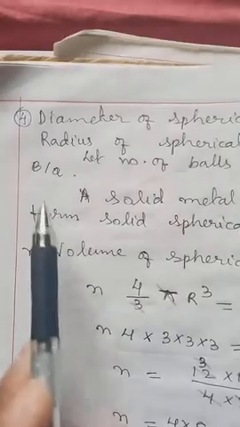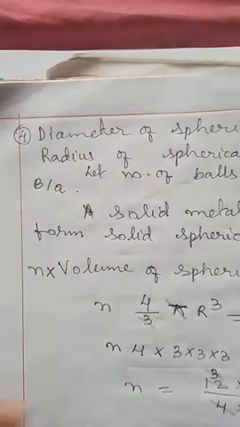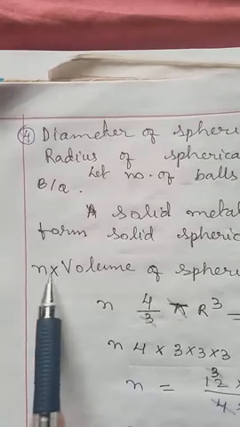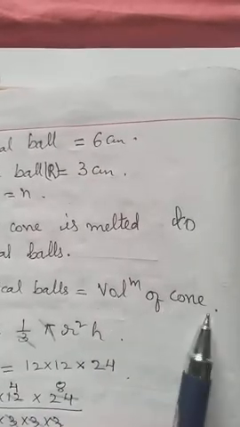Okay, so by the question, we have a solid metal cone melted to form small spherical balls. So definitely there will not be only one ball, there will be many. So we put it as n. n into the volume of those spherical balls will be equal to the volume of one big cone.